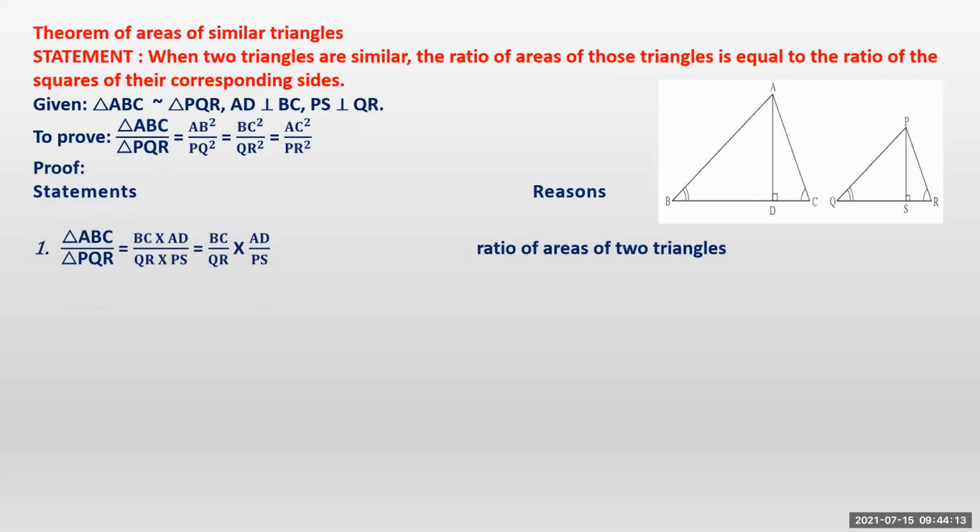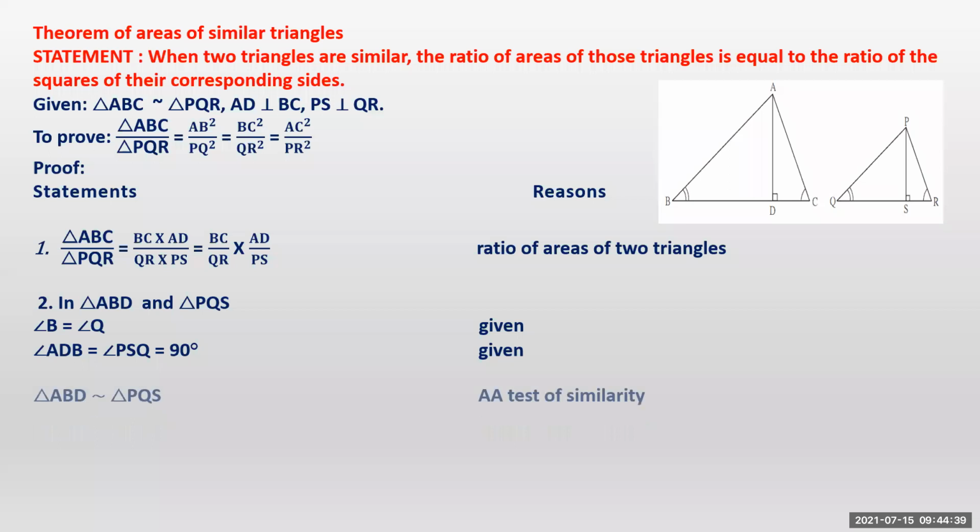Check. Area of triangle ABC upon area of triangle PQR is what? BC into AD upon QR into PS. Triangle ABD and triangle PQS: angle B equals angle Q, angle ADB equals angle PSQ, that equals 90.